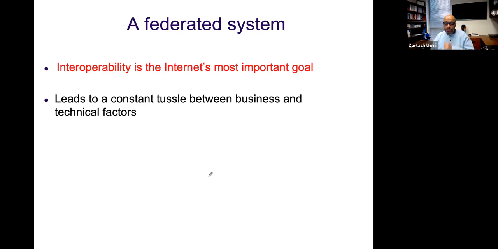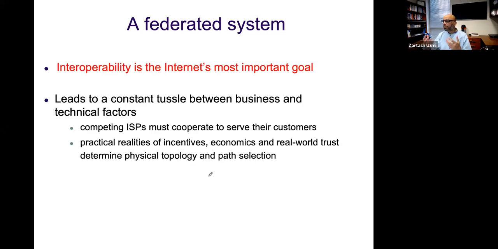This also leads to a constant tussle between the businesses and technical factors. What we mean by that is that competing ISPs must cooperate to serve their customers. So let's say in a region you have two ISPs, ISP A and ISP B. ISP A has some customers, ISP B has some other customers. Now we would like all the customers to be able to talk to each other irrespective of who their provider is.